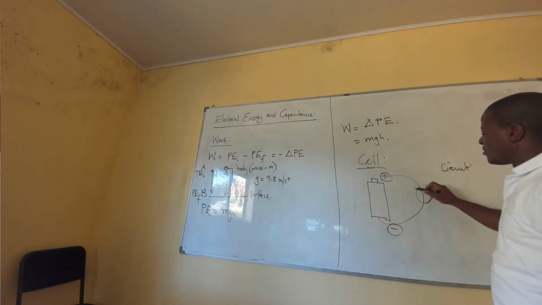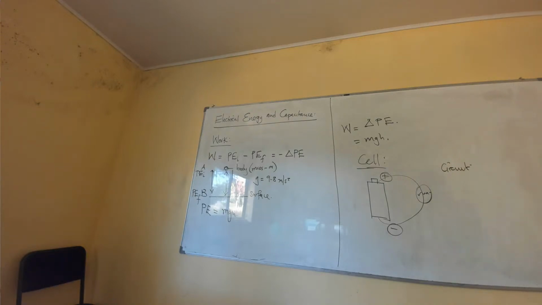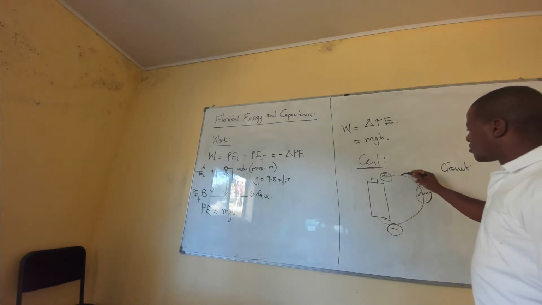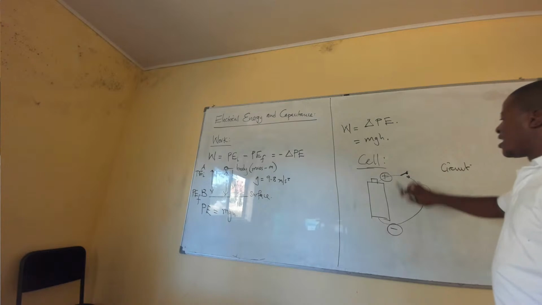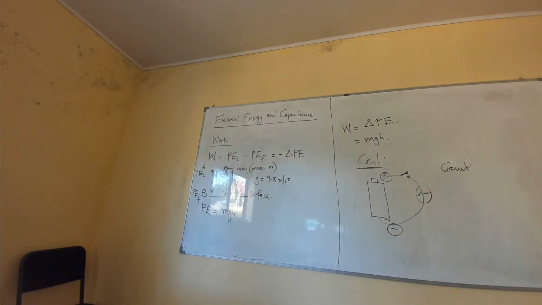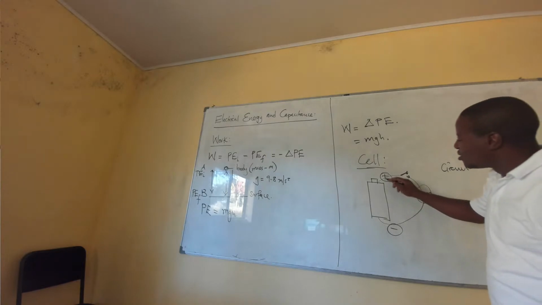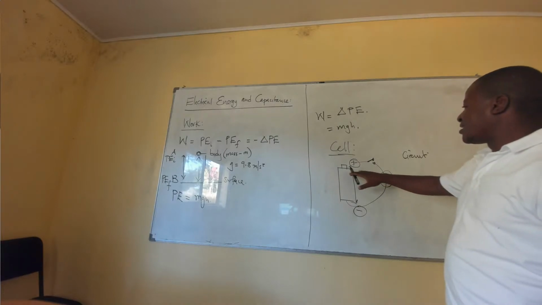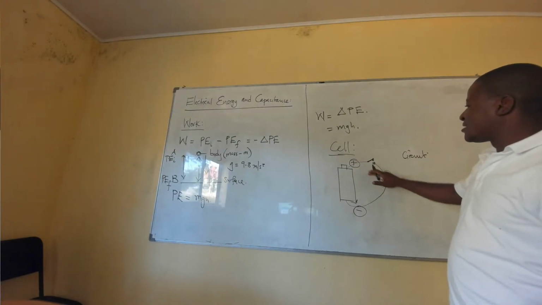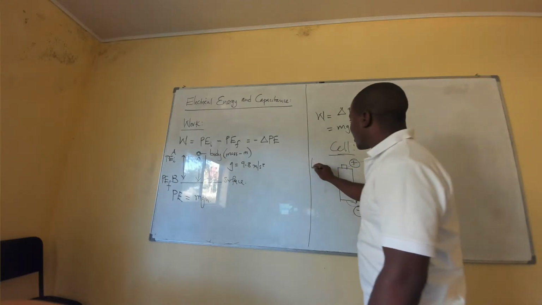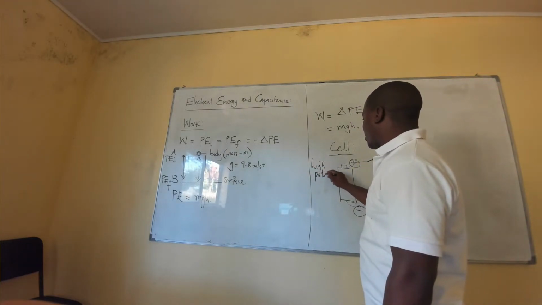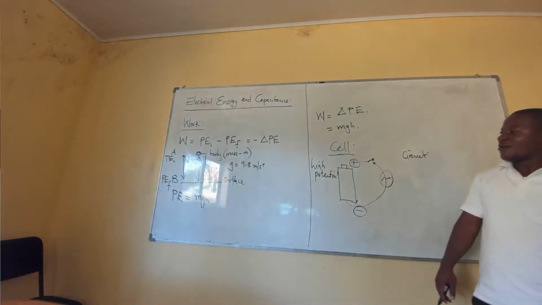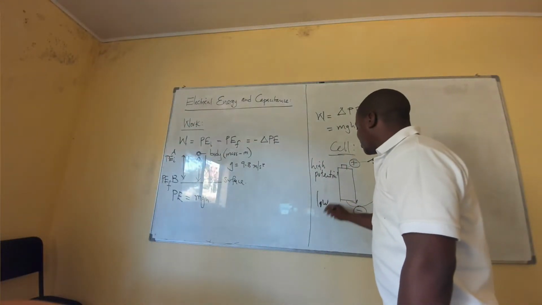For example, you have a bulb here. Now, as long as this circuit is not complete, and you have your switch somewhere here, there will be no electricity passing in this circuit. But what makes the current pass is that there is a point with high potential, and the other one has low potential.